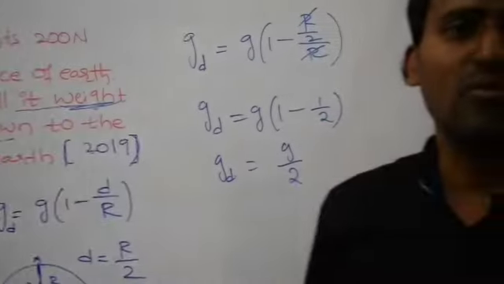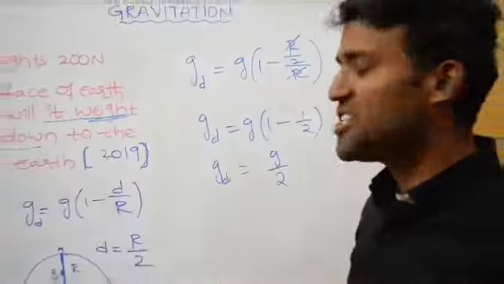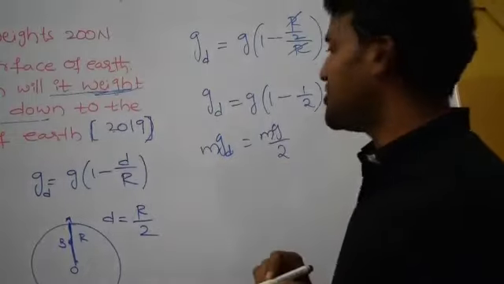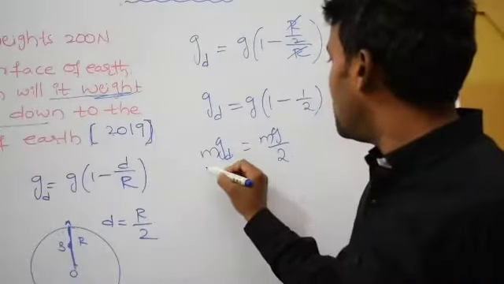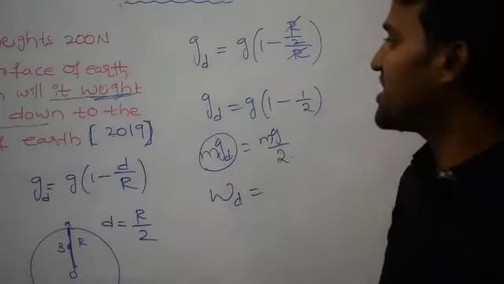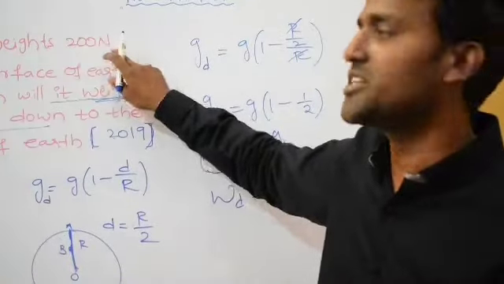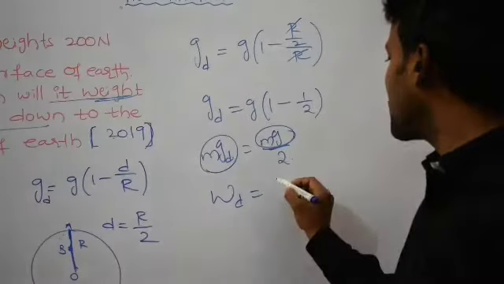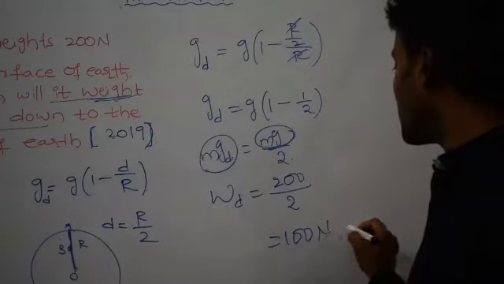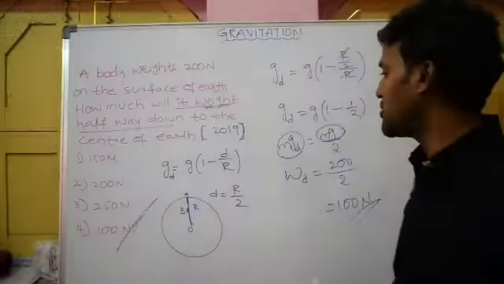Weight is the product of mass and gravity, so multiply this equation with the mass: m Gd and m G. Now the weight at depth d is mg divided by 2. The weight of the object on the surface of the earth is 200 newtons, so 200 divided by 2 is equal to 100 newtons. So the answer is the fourth option, 100 newtons.